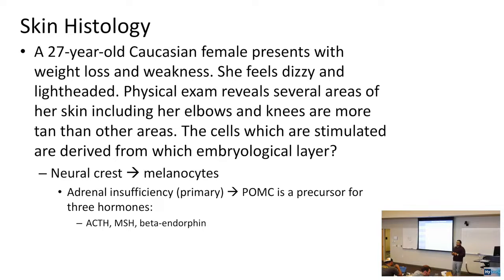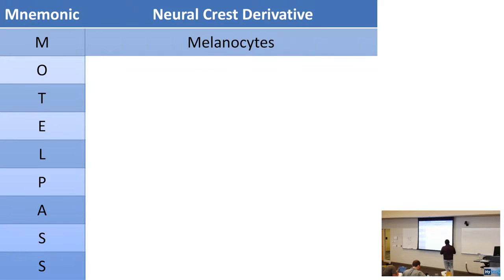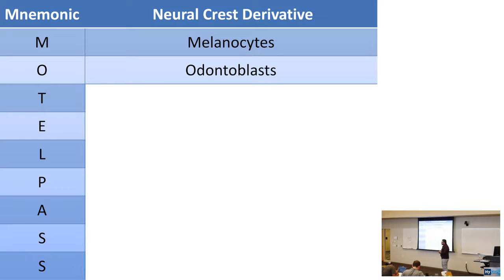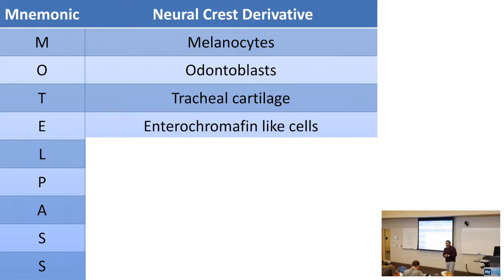Let's go through all of the neural crest derivatives because this is such a high yield point for you on your USMLE. So M is for melanocytes, O is for odontoblasts, T is for the tracheal cartilage, E is for enterochromaffin-like cells which release histamine.